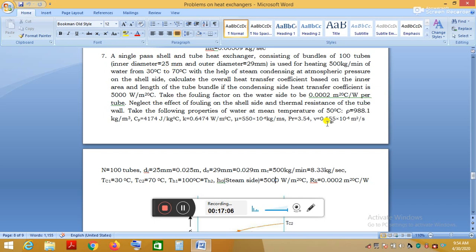The average temperature is 50 degrees Celsius, and he has given the property values for water at this mean temperature. If he has not given, you can take these values from the data book. In the data book he has given the property values of water, many fluids and atmospheric air. In this problem he has given them directly, so there is no need to take them.